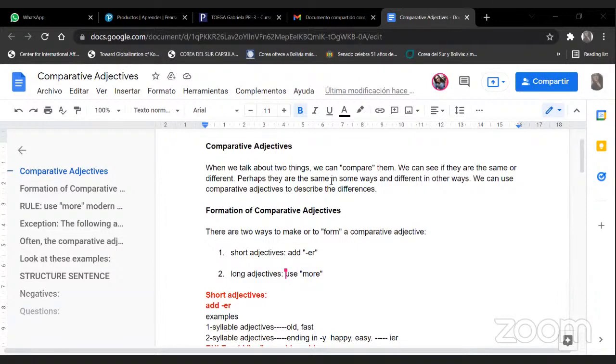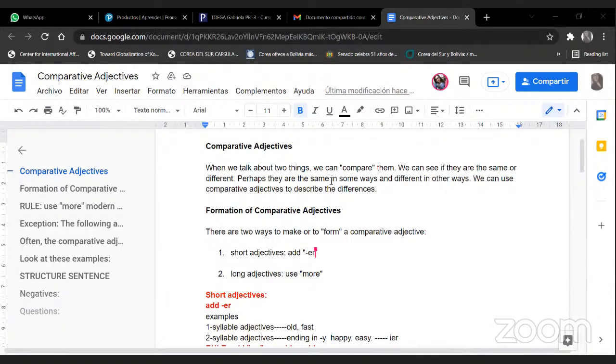In this first case, with the first adjectives, we are going to say that they are the short adjectives. In short adjectives, we only put ER. So this ER means like more, okay? For example, tall, taller. So tall means alto.